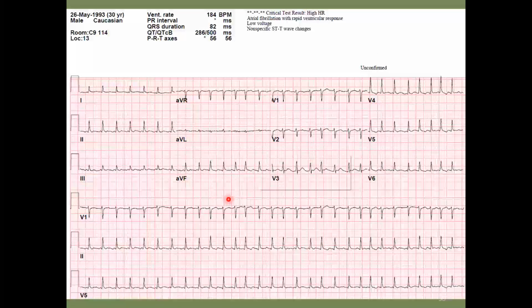So if this patient were unstable, all right, then we would have to make the determination of how we are going to treat this patient. How long have they been in AFib? If we don't know how long they've been in AFib, the danger of converting the patient out of this rhythm is they could throw clots because instead of the atria contracting, they're fibrillating.